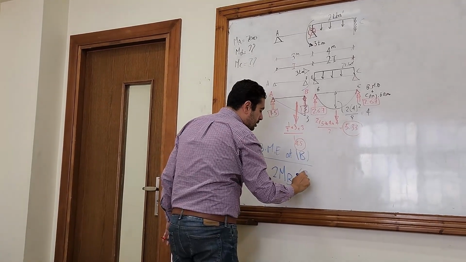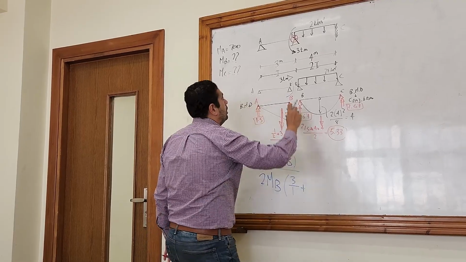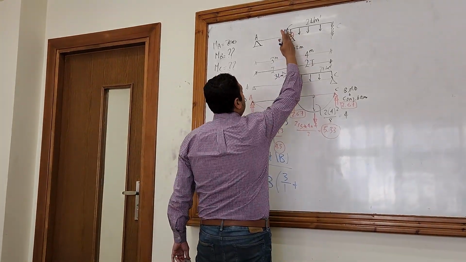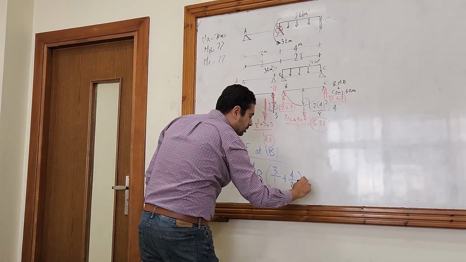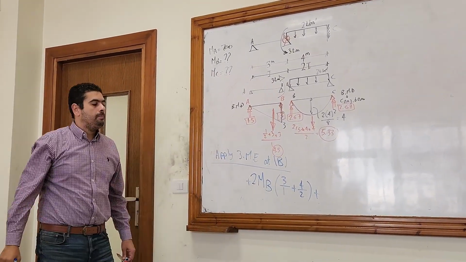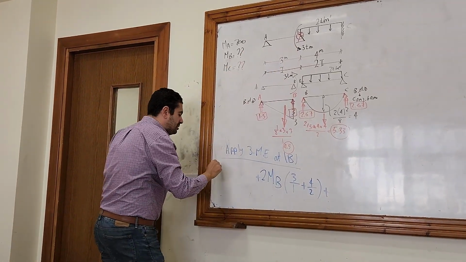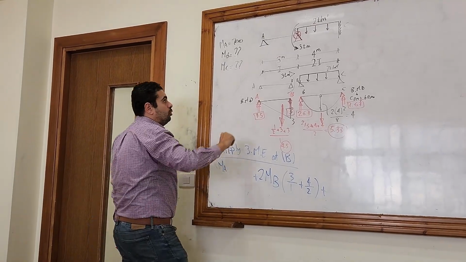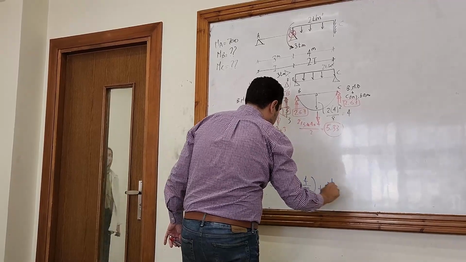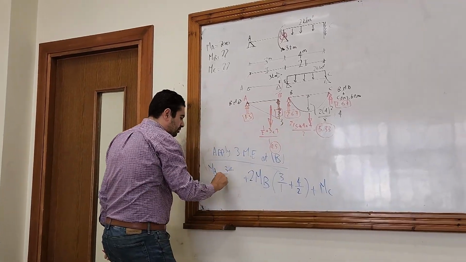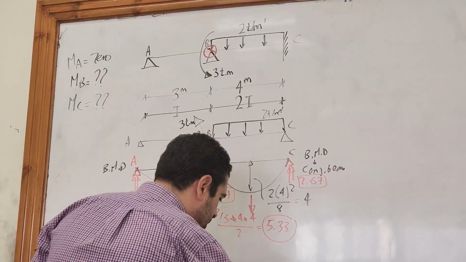It's 3, divided by the inertia factor 1. Plus, you are still here, the span after, it's 4 divided by 2. Plus and plus. What is the support that is before B? It's MA. And what is the support that is after B? It's MC. And bring this here, 3 over 1, and this on the other side, 4 over 2.